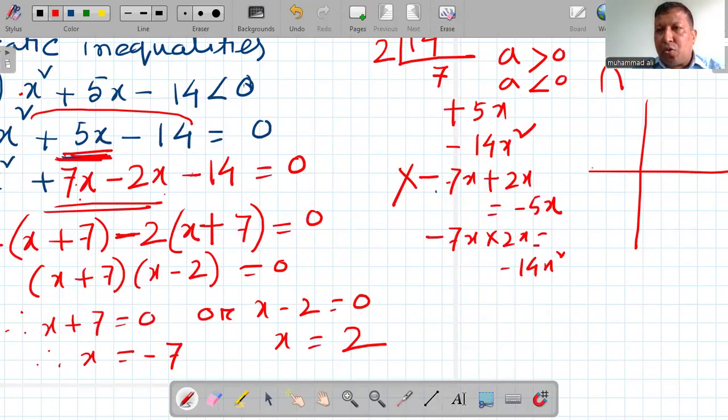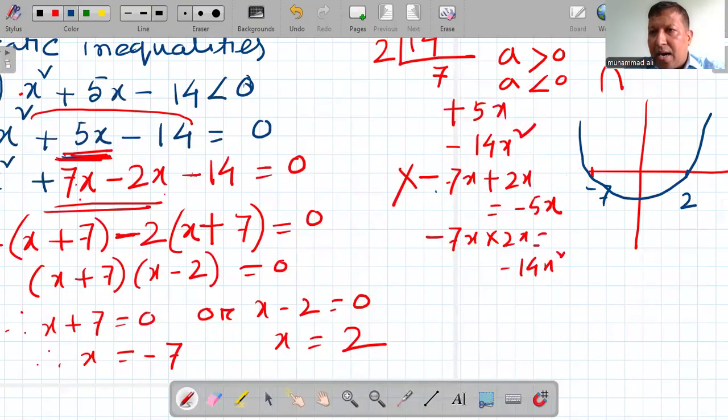So we will sketch this curve. This curve passes through minus 7 and 2 on the x-axis. This curve will be U-shaped. This is the curve. What do we want? We want where the curve is less than 0. Under the x-axis, the part of the curve that lies there is less than 0, or negative.